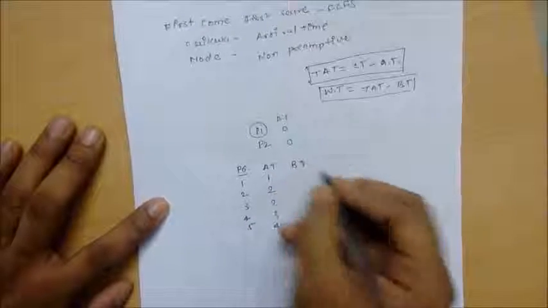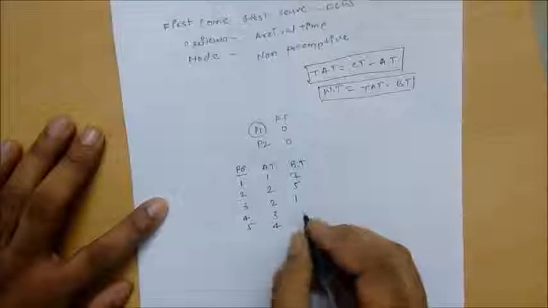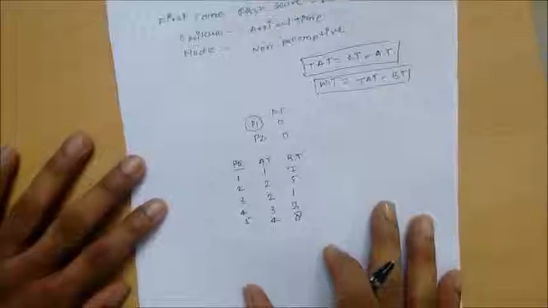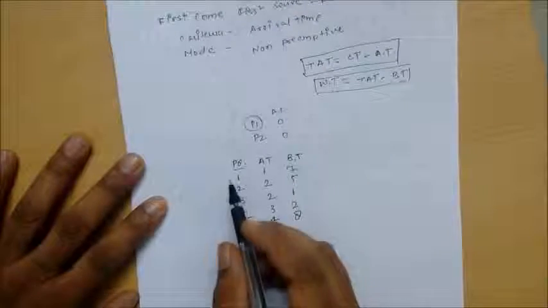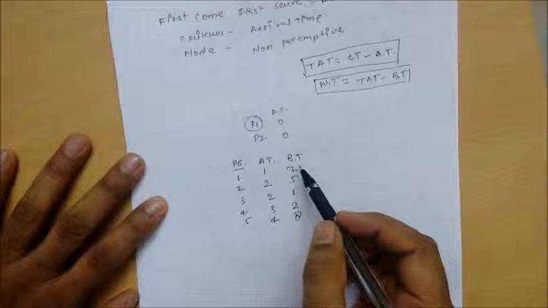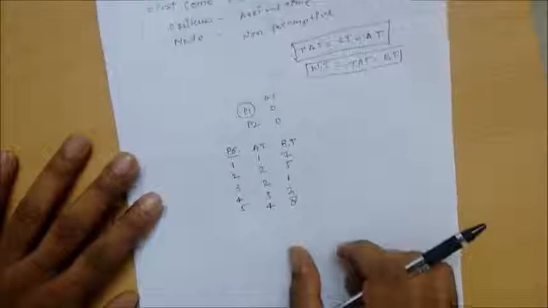Burst time is 7, 5, 1, 2, 8. So we have been given that there are 5 processes, their arrival time, and the burst time which is required by each process.